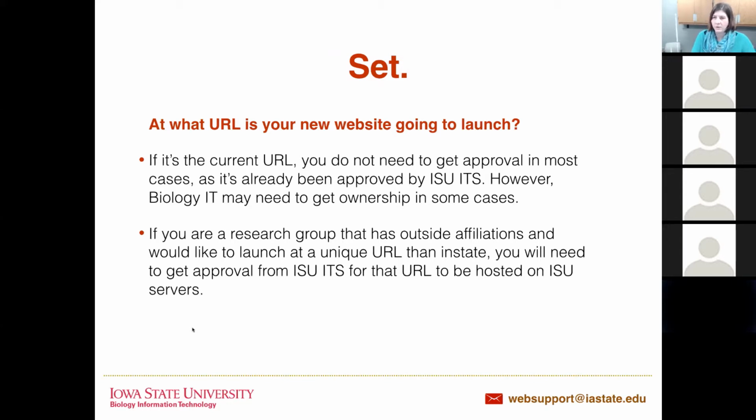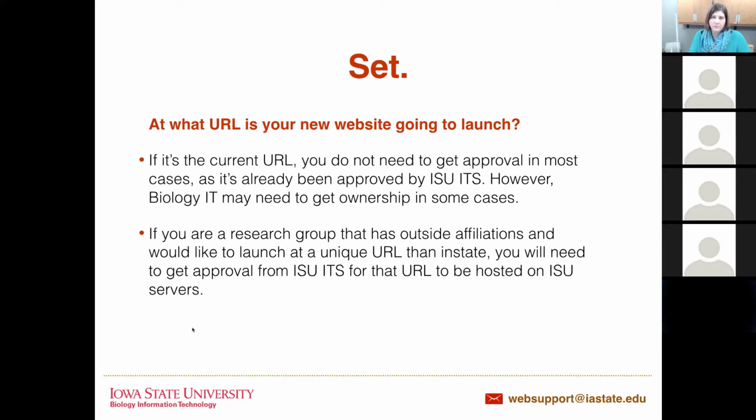If the URL for your current website is owned by someone else on campus or another group on campus where your site's currently hosted and Biology IT is now going to host the website, we'll need permission for that URL domain. Those things usually happen pretty smoothly, but we want to make sure that you're aware that we do need to gain that approval upon launch. And so that's also part of the launch process.